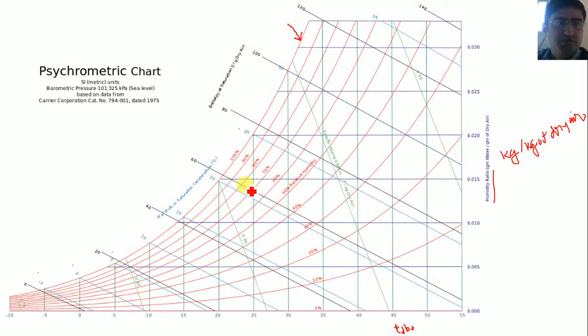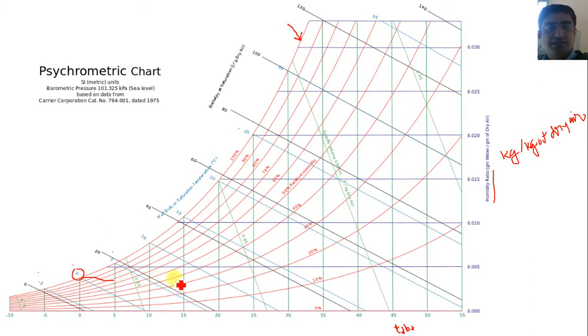And also, if you want to find the value of the dew point temperature, then you have to follow this point on the curve. Say if you want to draw a line of dew point temperature at 0 degree, then you have to draw a horizontal line.